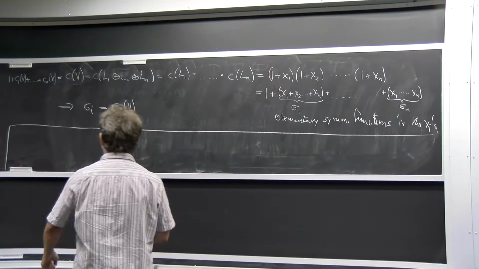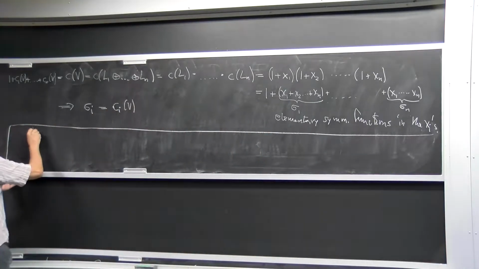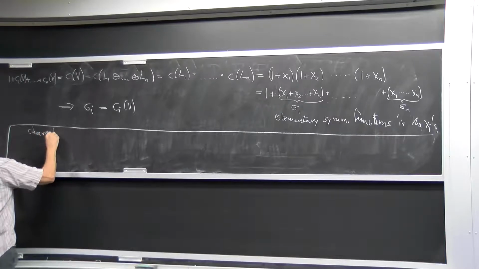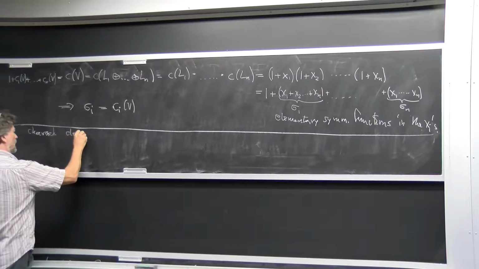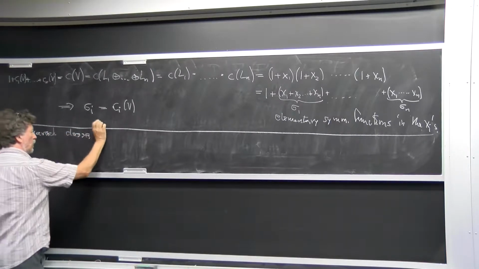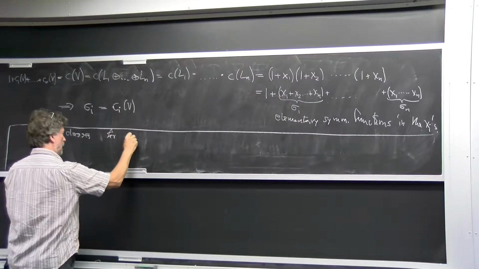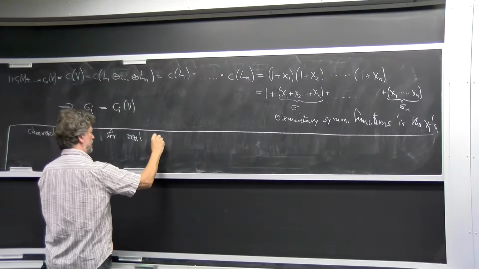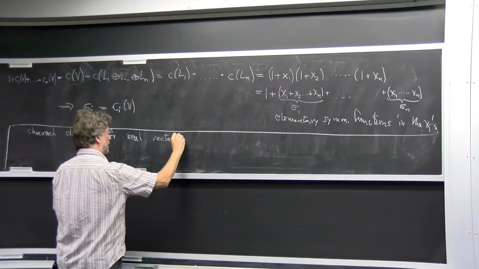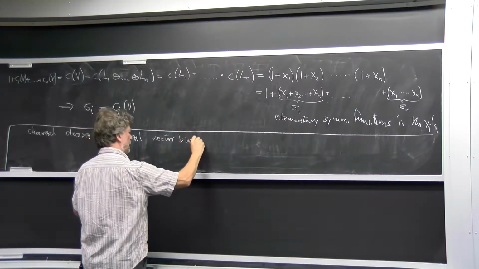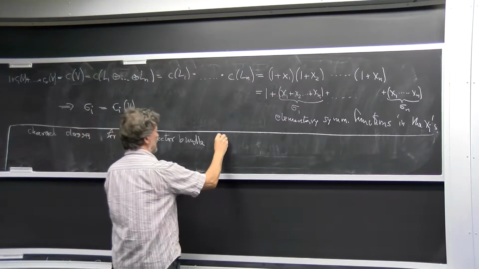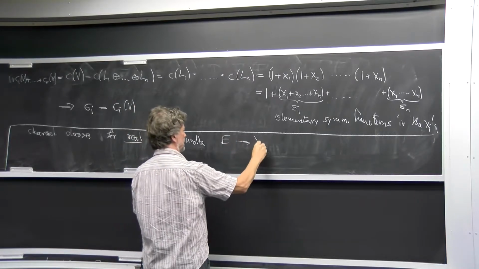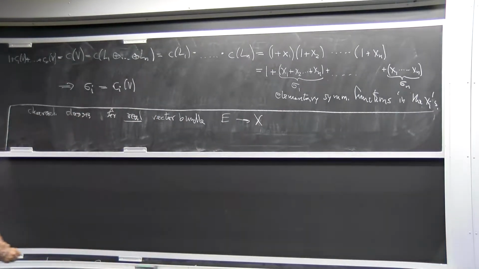So now we want to look at characteristic classes for a real vector bundle, say E over X. Okay. So how can you make interesting characteristic classes out of that?